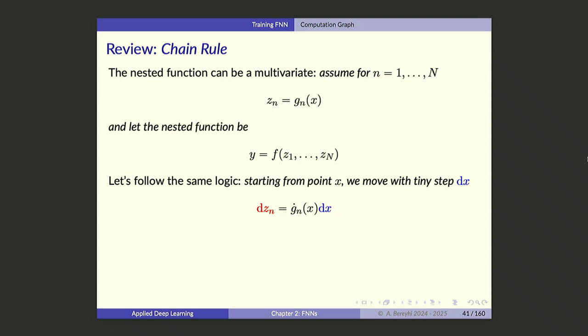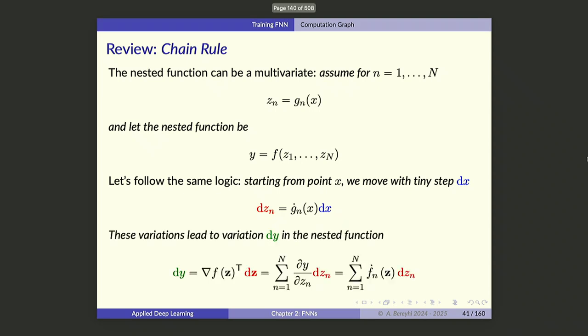And for every single one of those z's, the change dz is going to be the derivative of the corresponding function g times the change inside x. If you replace it here, dy is going to be the summation of the partial derivative of f with respect to that particular input zn, times the change inside zn, and every zn I can write in this form.